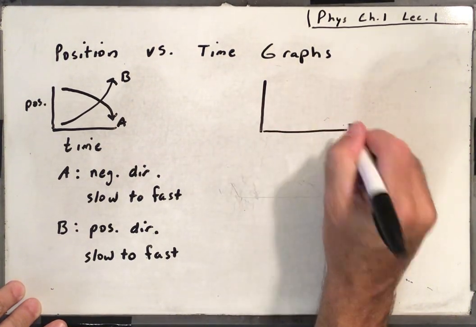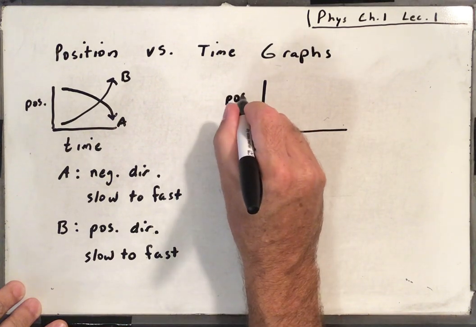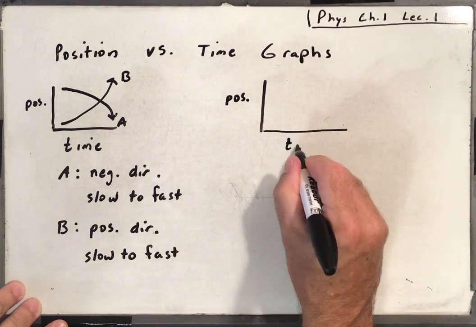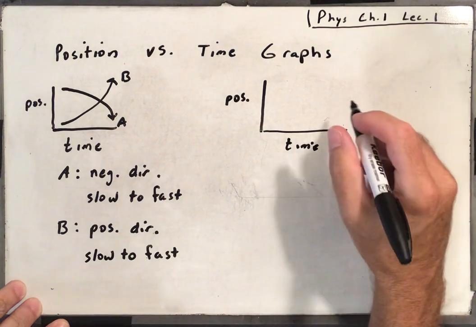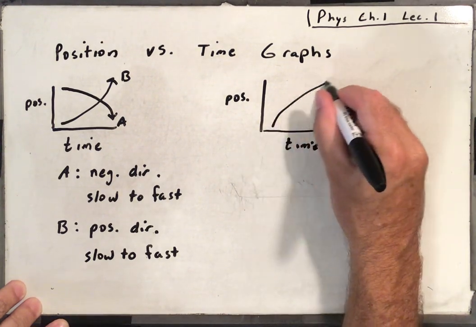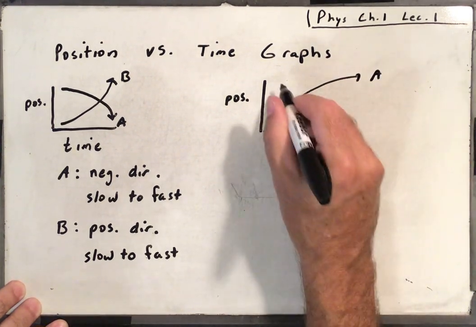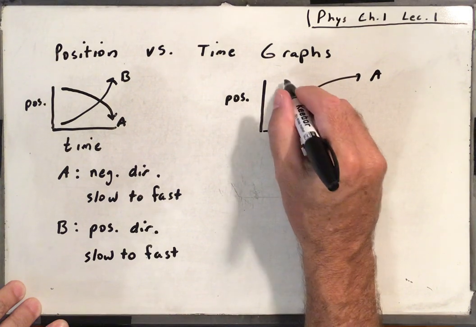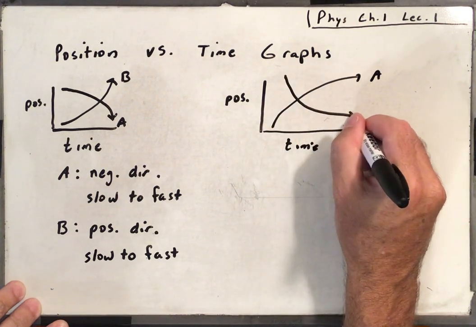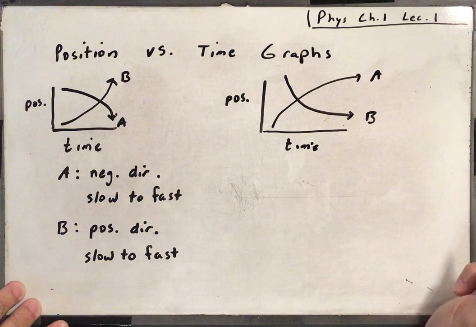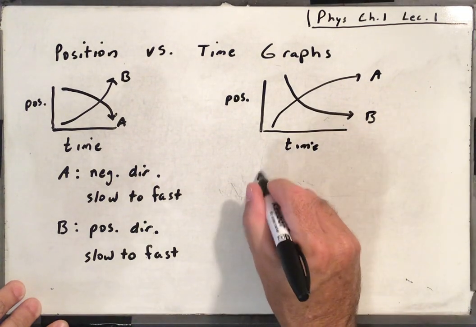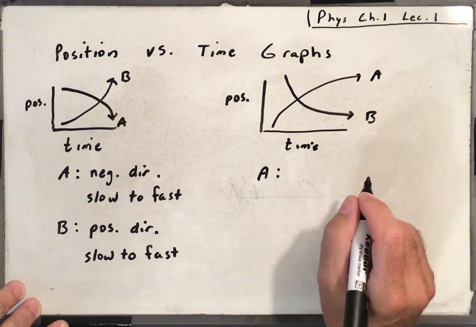All right. This is our last one. Okay, let's call this A, and we'll call this B. Okay, A is which direction, positive or negative?